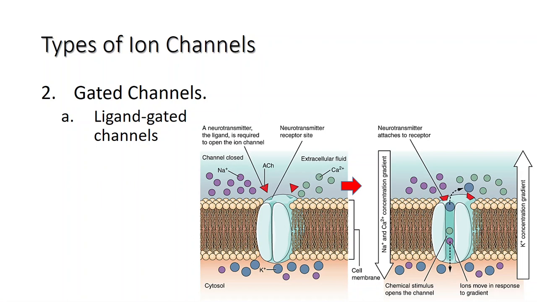The neurotransmitter acetylcholine, for example, opens cation channels that allow sodium and calcium to diffuse inward and potassium to diffuse outward. Ligand gated channels are located in the dendrites of some sensory neurons, such as pain receptors, and in dendrites and cell bodies of interneurons and motor neurons.